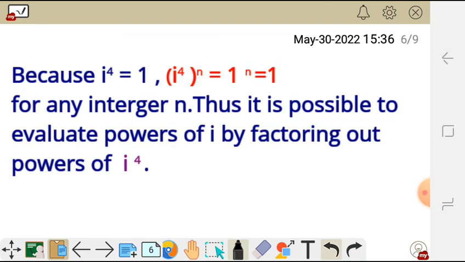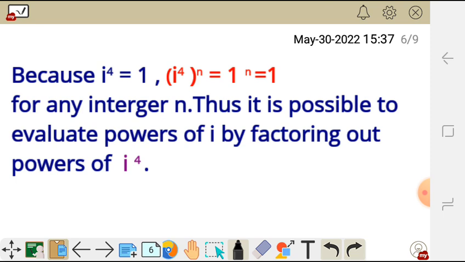Okay, so from the same method, we now know that i to the power 4 is equal to 1. Meaning, if we have i to the power 4 raised to some power n, then it will be just 1 to the power n, which is just 1, because 1 raised to any number is just 1.